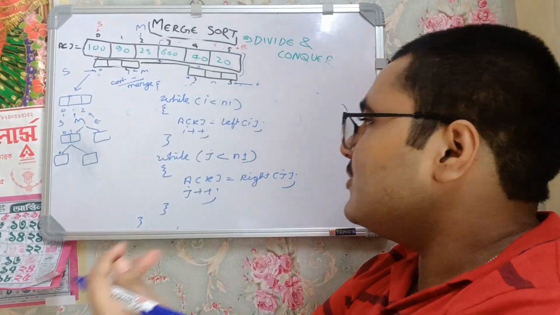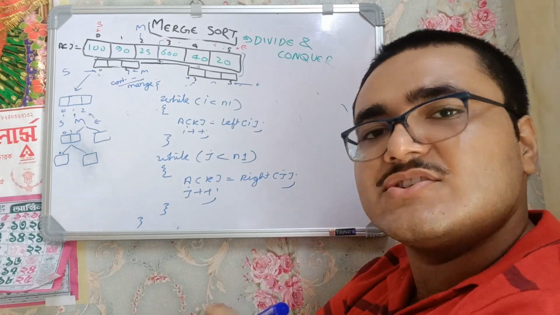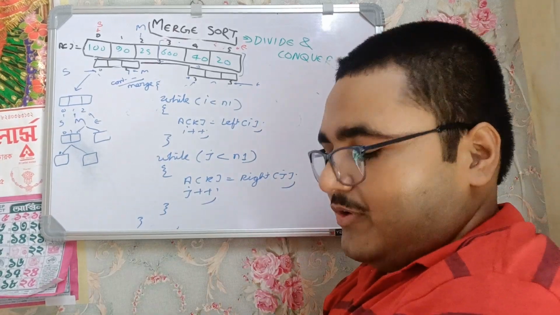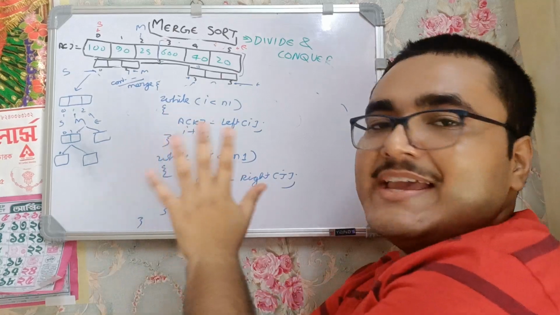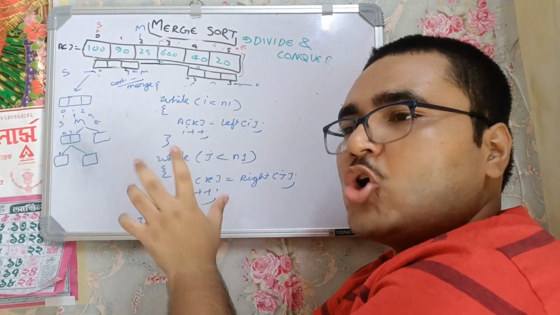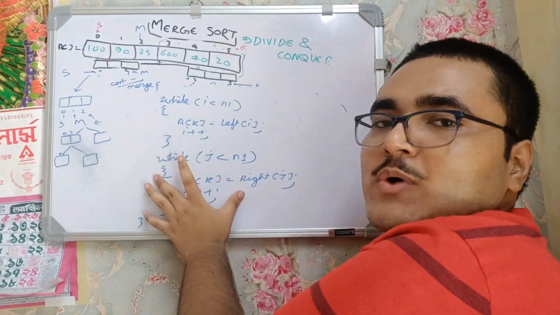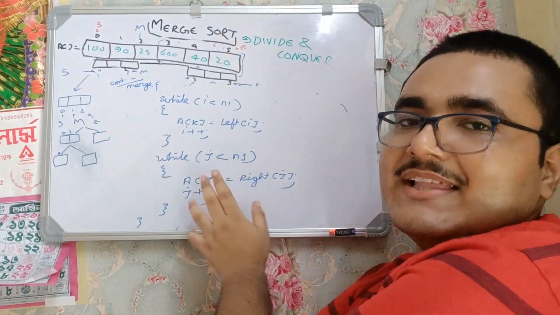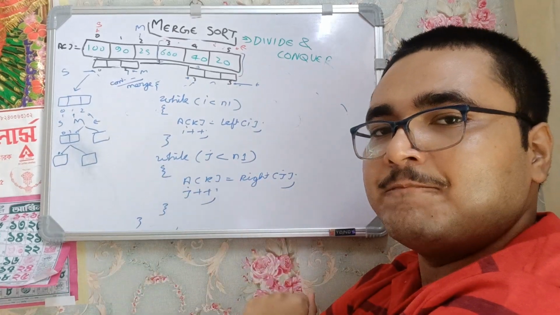So either i has crossed n1 or j has crossed n2. Now if i has crossed n1, automatically this while loop won't run. So automatically this while loop is going to start, and the remaining elements are going to get inserted in the array.